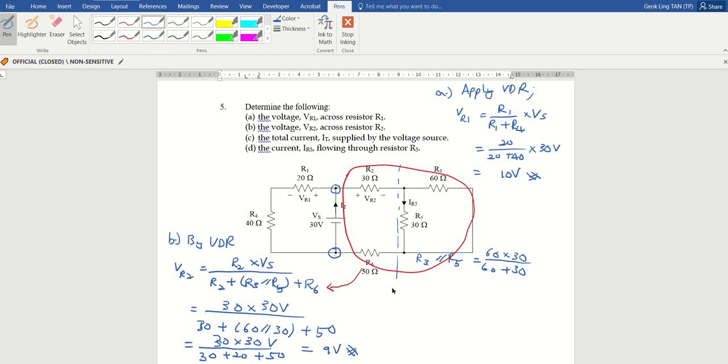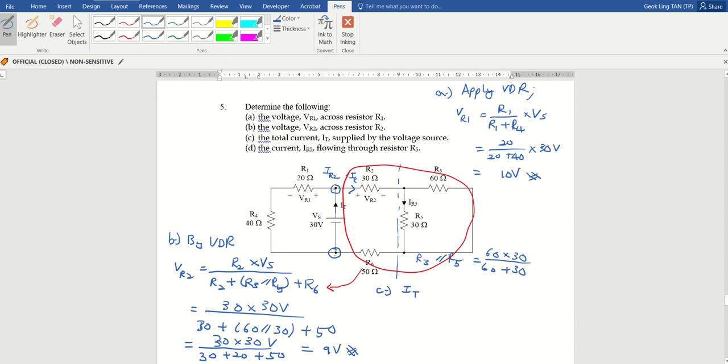Next, we look at part C. For part C, you are asked to find IT. So IT is this, okay, the current coming out from the voltage source. So you know the current coming out from the voltage source will go to the left, become IR1, right? And then on the right, IR2.